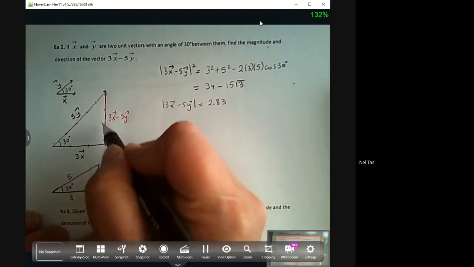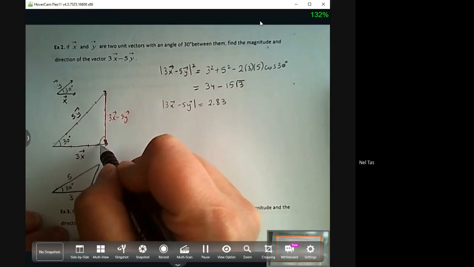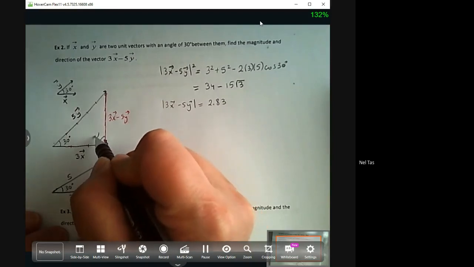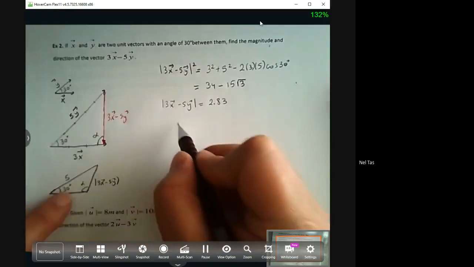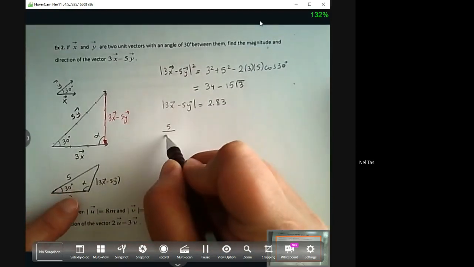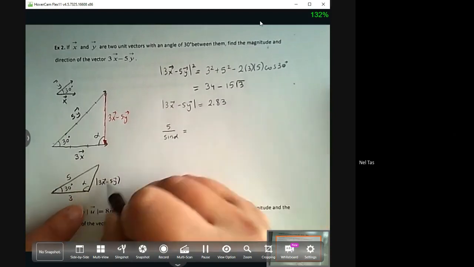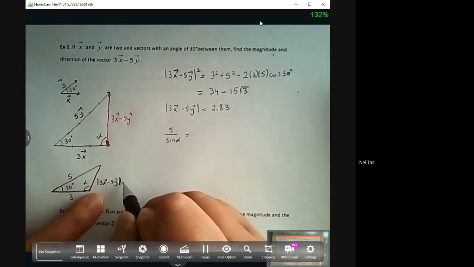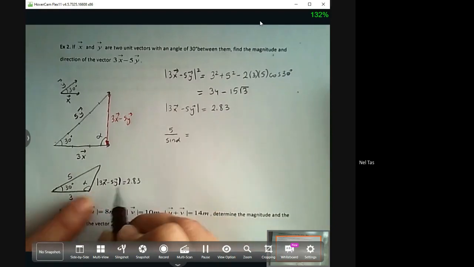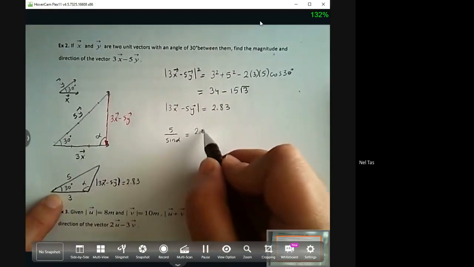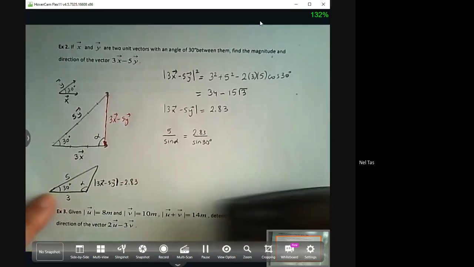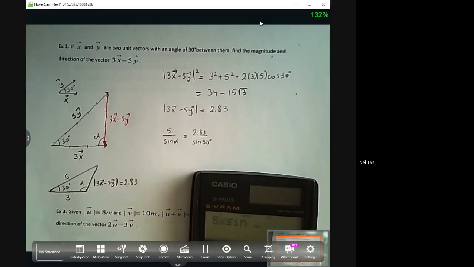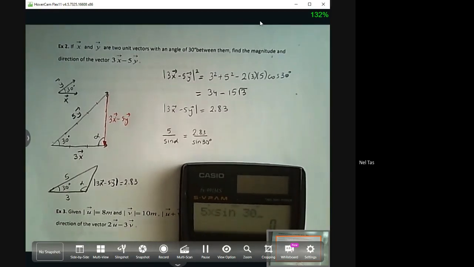So for direction, you can calculate, let's say this one. Let's call it alpha. Then use the sine law. 5 over sine alpha equals 2.83 over sine 30. So do cross multiplication. 5 times sine 30 over 2.83.